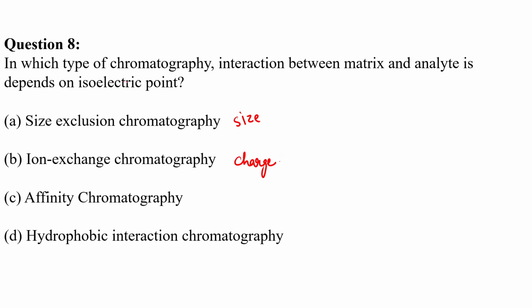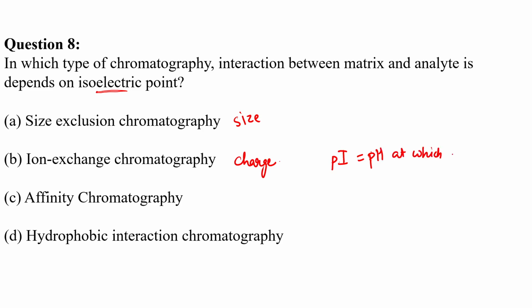So, what is the role of isoelectric point in charge? Especially for proteins, for amino acids and proteins, the isoelectric point is a pH. Isoelectric point is that pH at which the charge is 0.